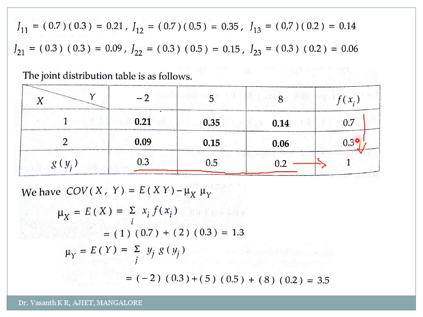If you want, you can check your question. Then if you check here, these are the values of y, is it not? When y was minus 2, its probability value was 0.3. When y was 5, its probability value was 0.5. When y was 8, its probability value was 0.2. This is your table values only. Wait, I'll just underline it. See here.